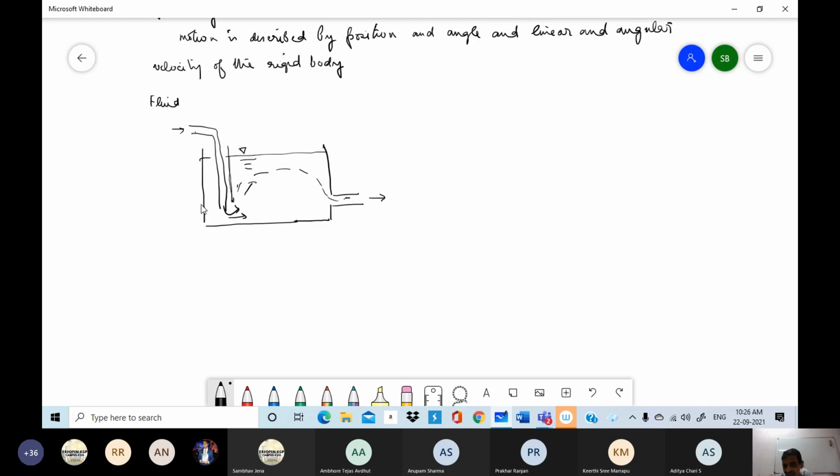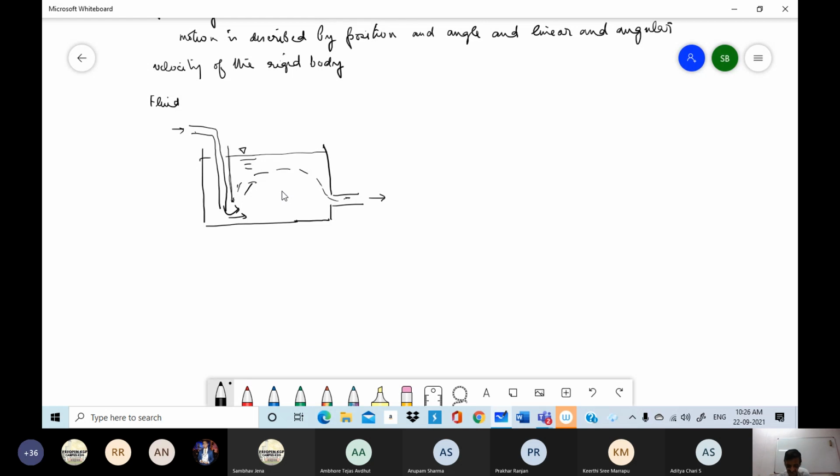If it's a continuous material, that means I have properties like density, pressure, velocity. Those have values which vary from point to point.